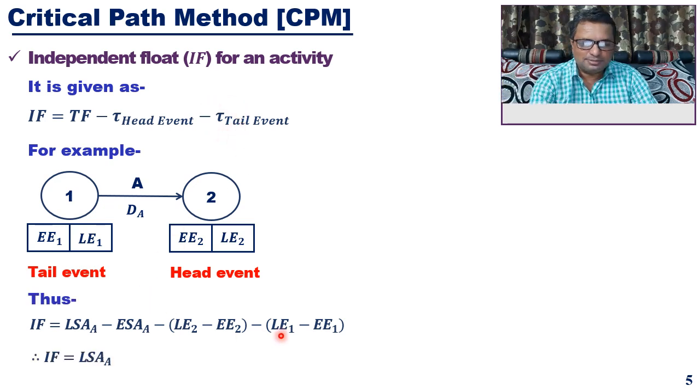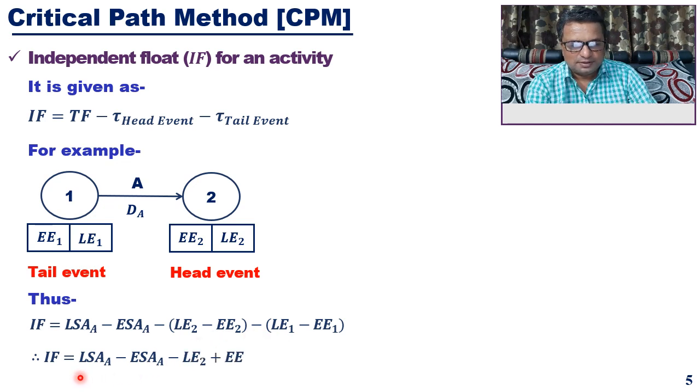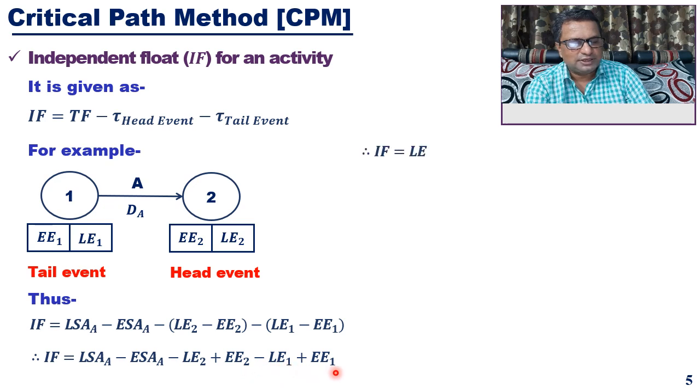Let us simplify it further. In the next step, independent float is equal to latest start time for activity A minus earliest start time for activity A minus, I have multiplied with the negative sign in the bracket, same thing over here, so this is minus LE2 plus EE2 minus LE1 plus EE1.